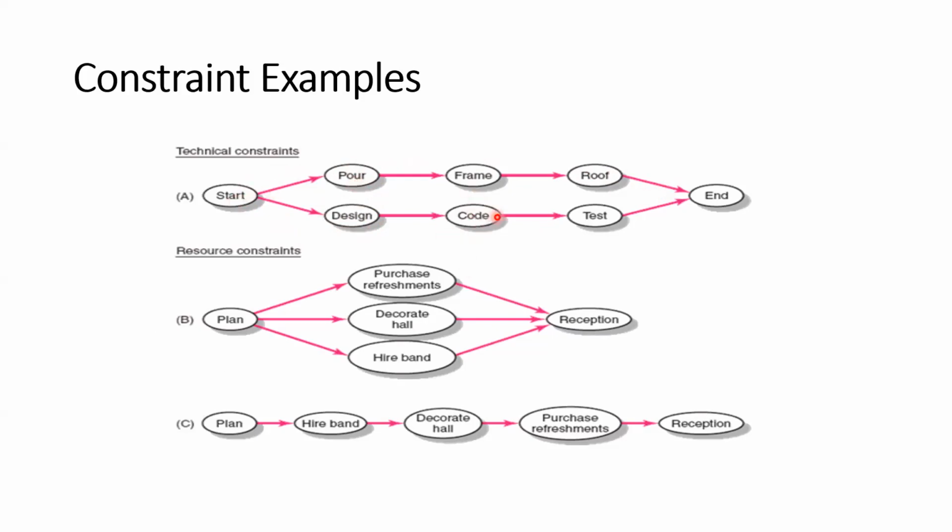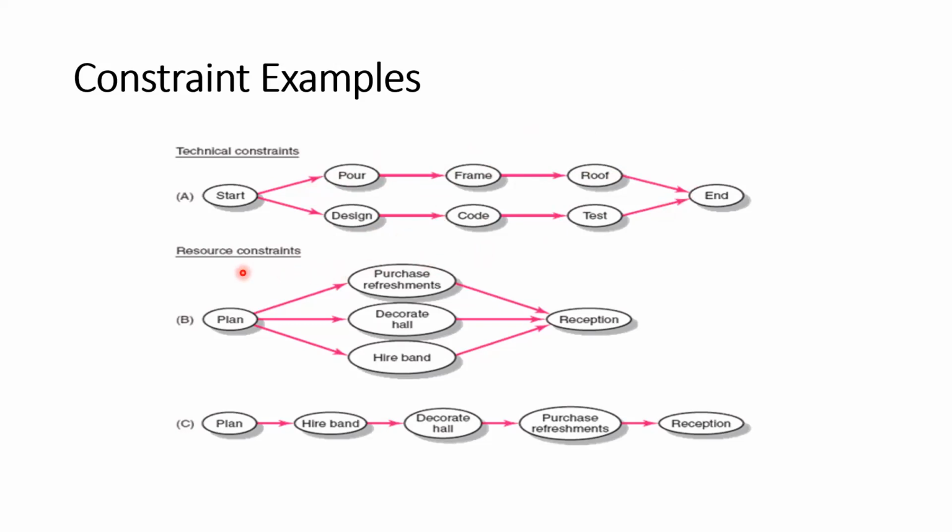Before doing the coding, we have to finish our design activity. Likewise, there are preceding activities and a sequence to be followed when we are engaging in a project network. So that is the technical constraint, shown as a graphical representation.